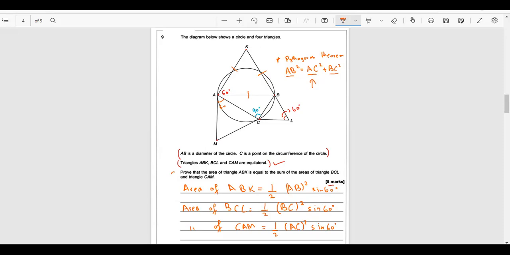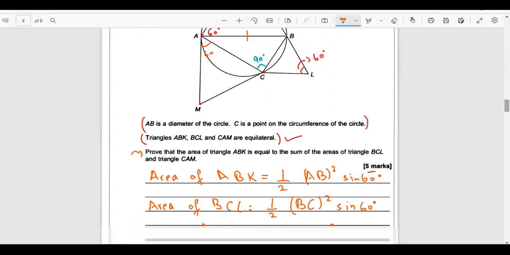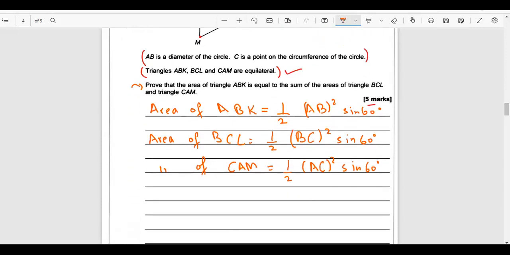Now we need to prove this. For proving anything, we need to start off by taking either side. So what we can do is write it down this way: area of ABK is equal to, we'll prove this, the area of BCL plus the area of CAM.